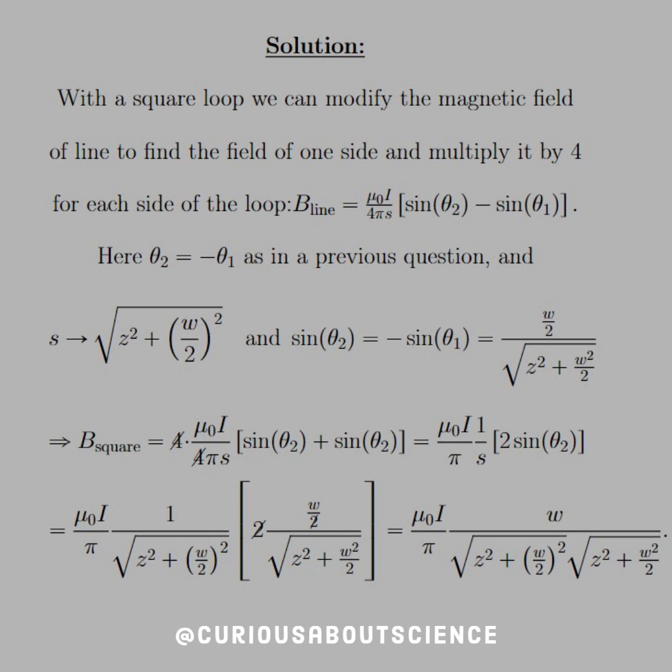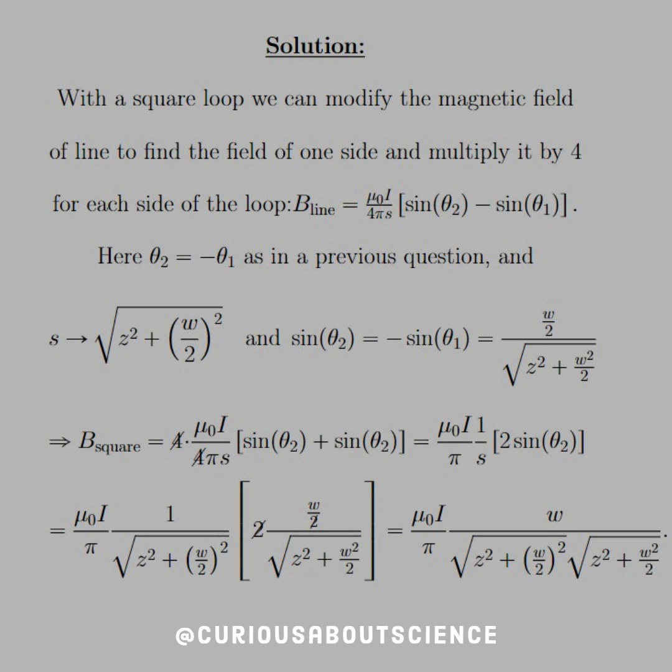Noticing that the square loop is just 4 line segments put together, we can multiply by 4, and based on this geometry, we can see what sine of theta 2 and sine of theta 1 are, given that theta 2 is equal to negative theta 1. Again, this was described in more detail in an earlier problem.